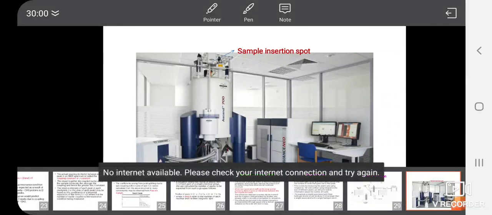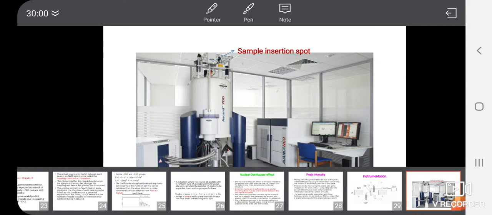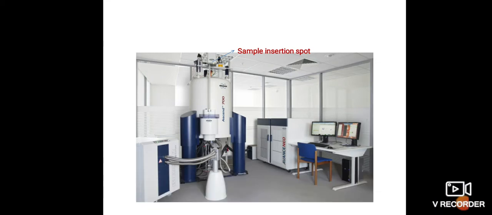Students, yesterday I was discussing the instrumentation part of the NMR. So this is how the NMR spectroscopic unit is going to look. I told you that since NMR spectroscopy measures the absorption patterns and the resonance, here they apply the magnetic field in all 360-degree directions.